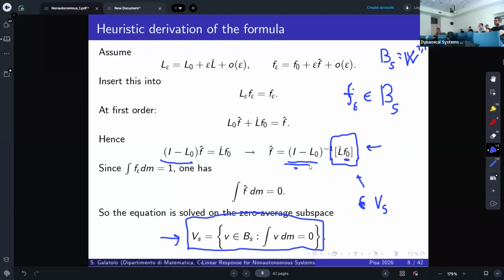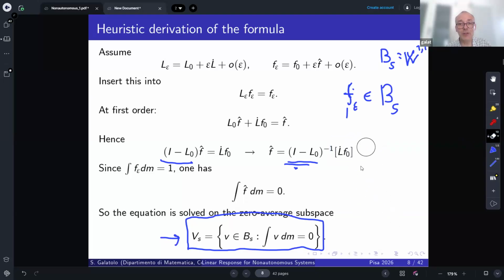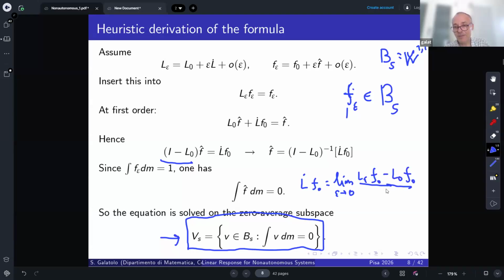Yes, please. I did not understand why L epsilon F0 has zero average. Not F epsilon, but L dot. So let me write it better. L dot F naught is equal to the limit for epsilon going to 0 of L epsilon F naught minus L0 F0. So this is the difference of two probability measures, so it is in the zero average space.